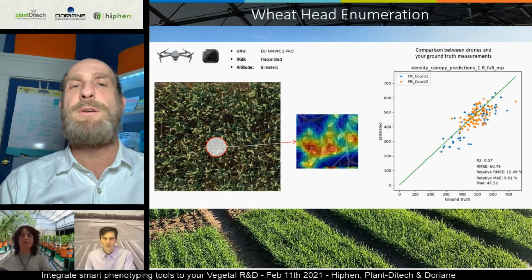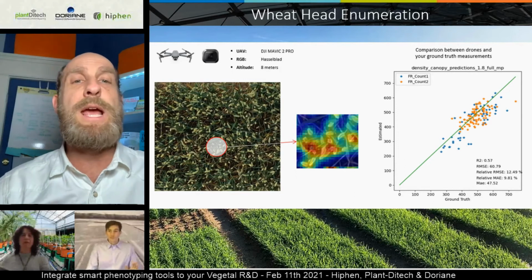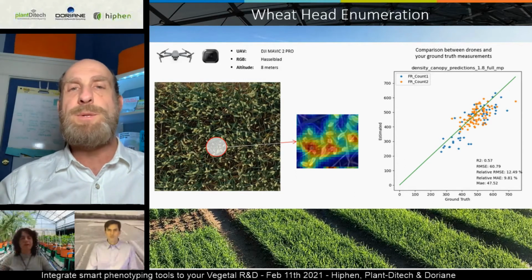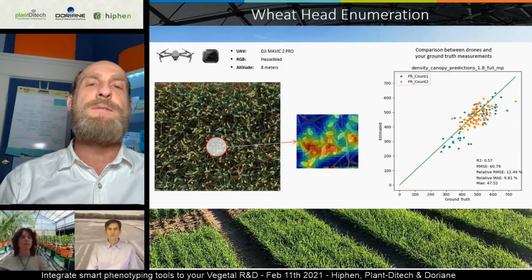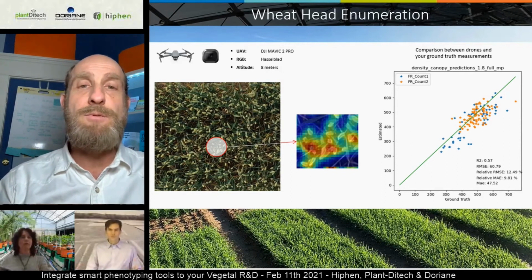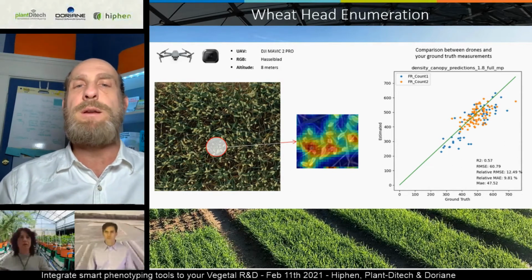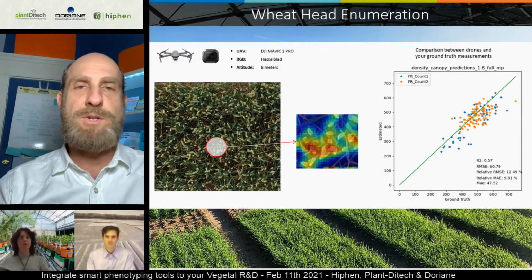The first is wheat head detection and enumeration. Experimentation on wheat requires expensive manual measurements to monitor the yield components such as wheat head density after earing. If you've ever spent days in the field counting wheat heads, you know this is tedious work, and it's usually evaluated manually and on a restricted portion of your microplots.